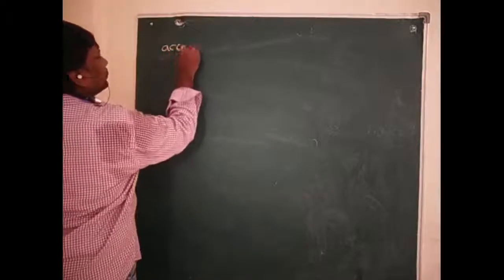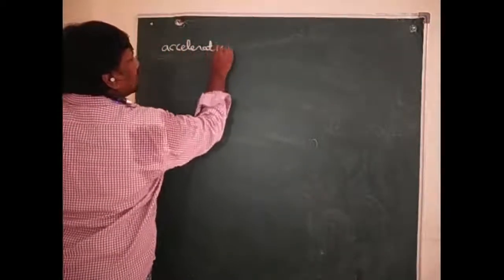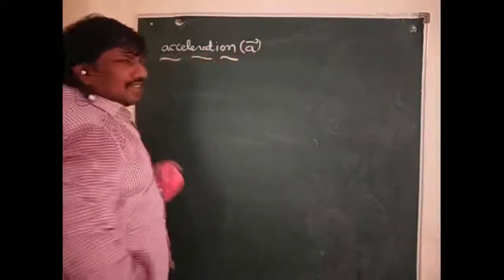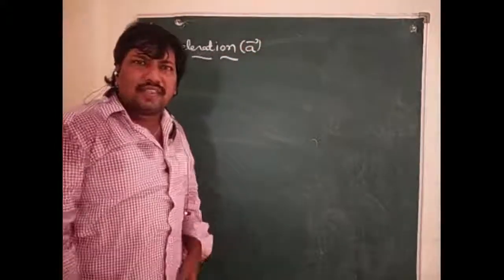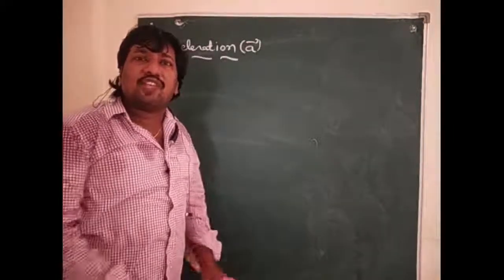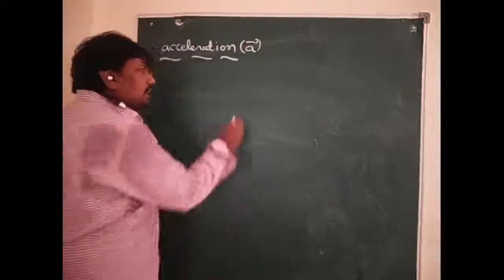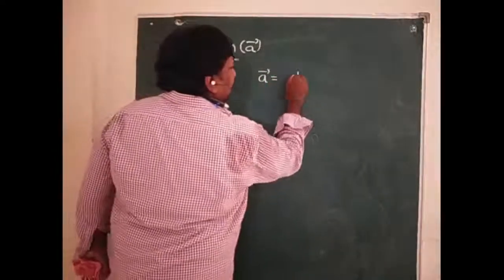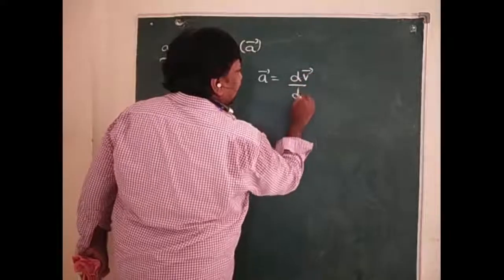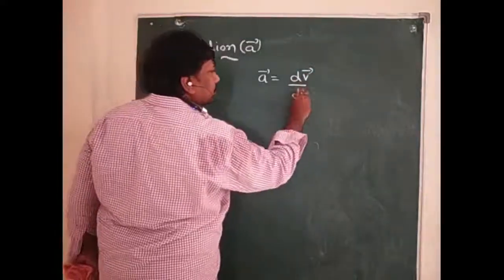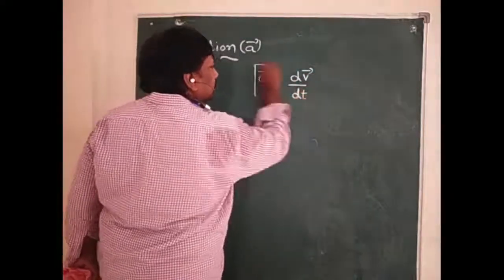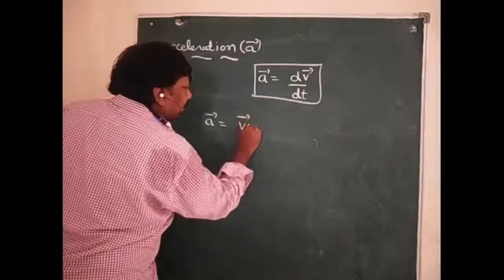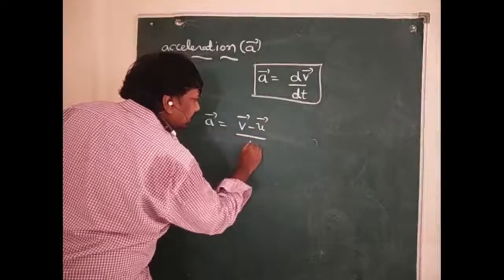Acceleration. It is denoted by the letter A bar. What is acceleration? Acceleration means the rate of change of velocity. So A bar equals dV bar by dt, that is A bar equals V bar minus U bar by t.